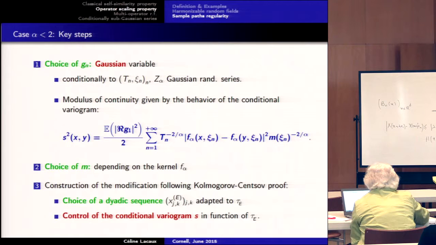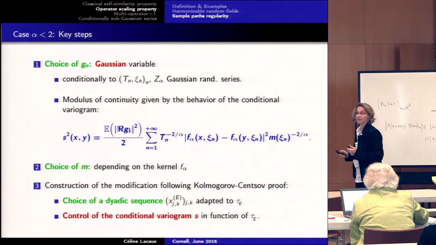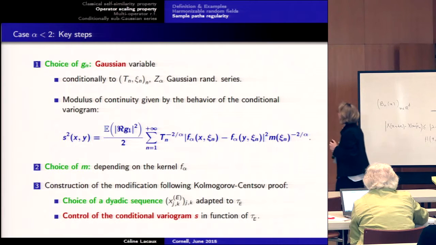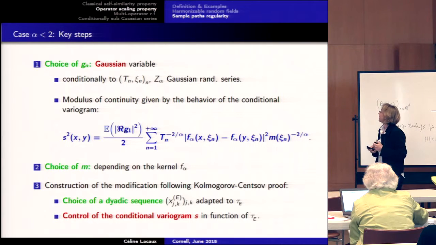I want to control my process by tau E, and so I need to adapt the choice of this dyadic sequence. And I also have to control the variogram in function of tau E and not only of the Euclidean norm. So the difficulty here, you do not see them, but the hard part is this one.